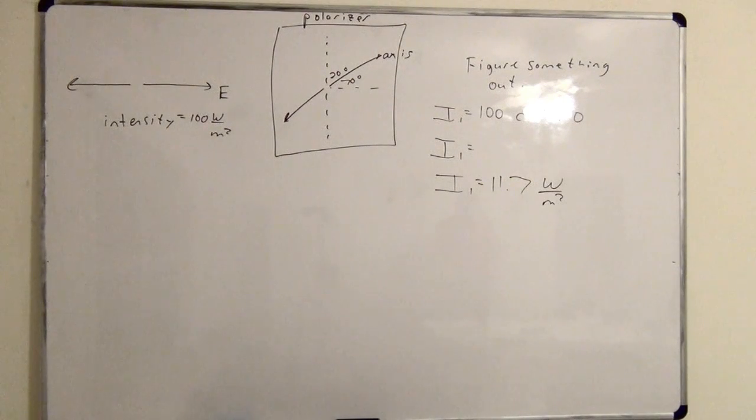Oh yeah, I forgot. Let me get the equation. So average intensity equals E. And we know that our intensity is 11.7.